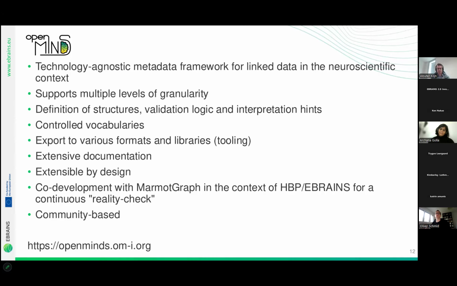It's nice because it gives hints to the EBRAINS Knowledge Graph editor and tells it how to show a form, what are possible links, and so on, right? It gives it the necessary information to do a proper visualization, and therefore it helps for providing us nice tooling around it.